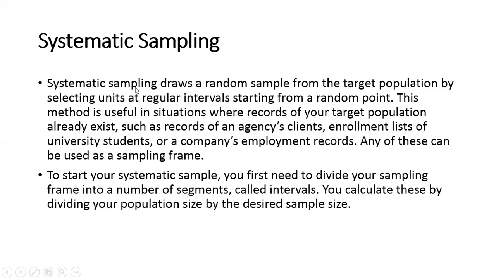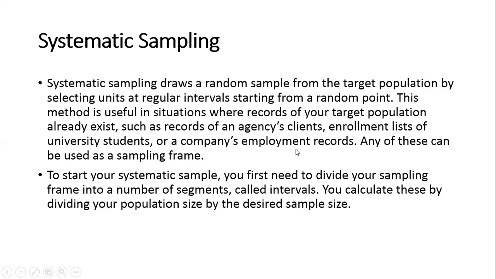So let me read it again. Maybe it will make more sense now after that explanation. Systematic sampling draws a random sample from a targeted population by selecting units at regular intervals starting from a random point. This method is useful in situations where the records of your target population already exist, such as records of agencies, clients, and all that.